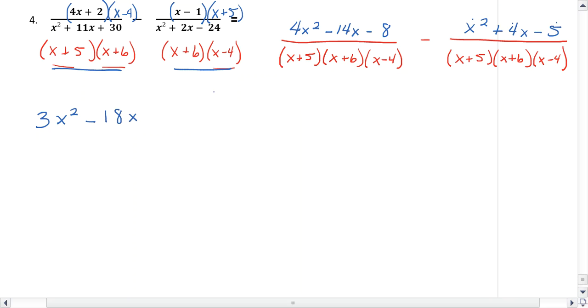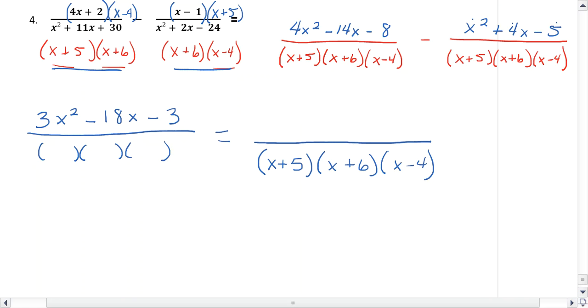And negative 8 minus a minus 5, got that double negative in there, we end up with a negative 3. And this is all over that 3-part denominator, which I'm just going to save some time representing with the 3 sets of parentheses.